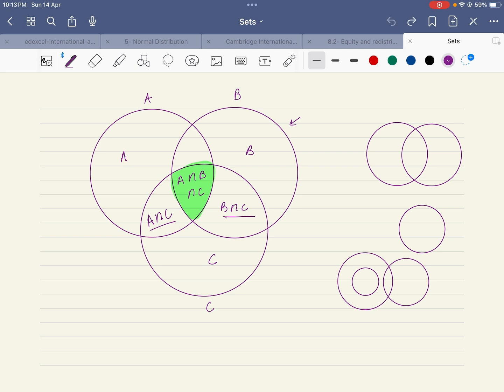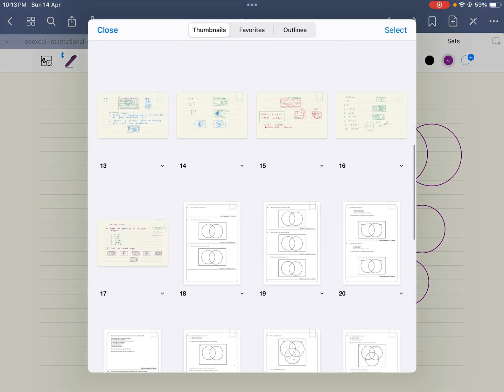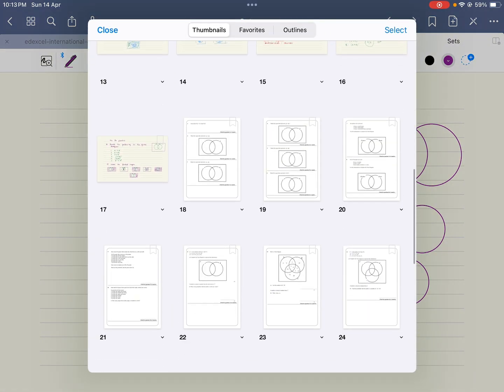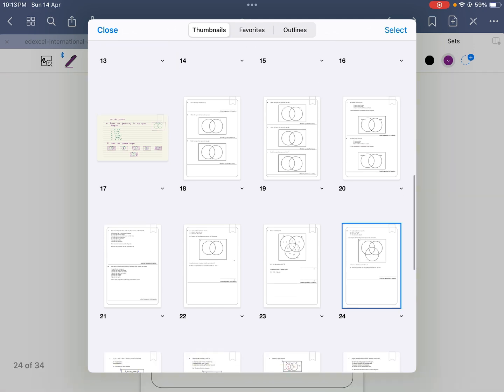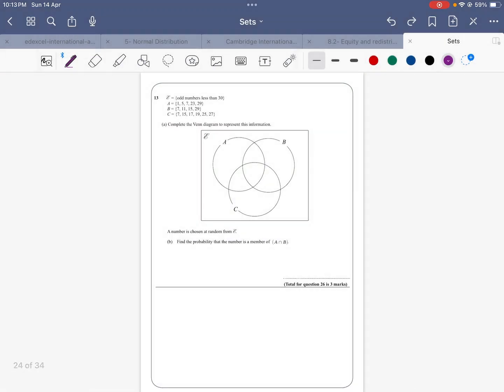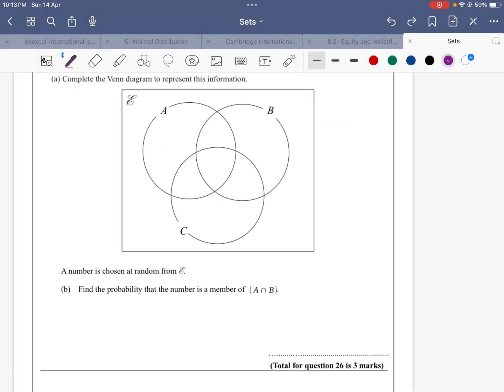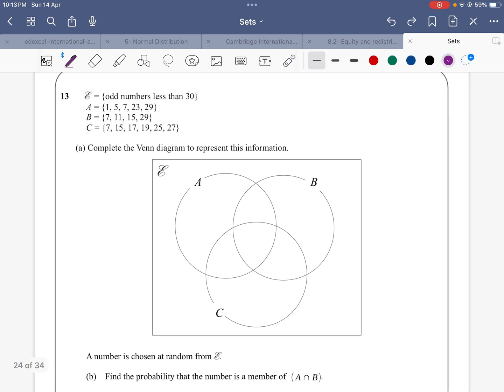Let's have a look at the question. For example, if you have this kind of a question, let's say this one. How do we fill this up?